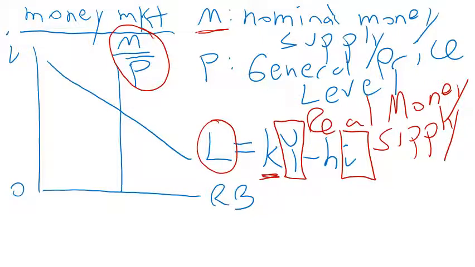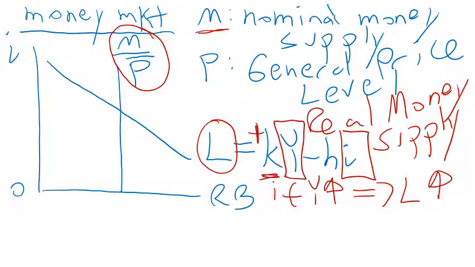So what are we getting at here? Well, let's see. If Y goes up, then what happens to money demand? Money demand, L, goes up. It's a positive relationship. Here the coefficient is going to be a positive coefficient. And the opposite is also true.